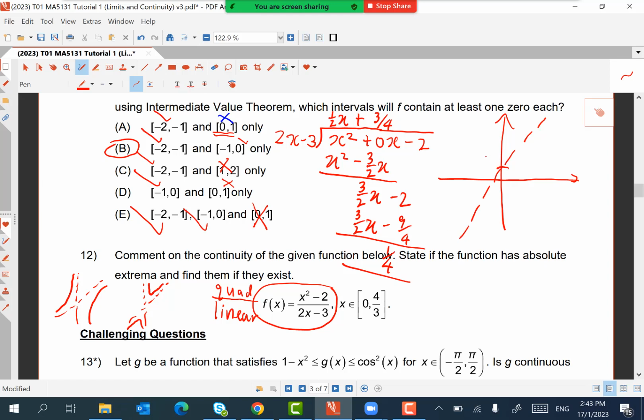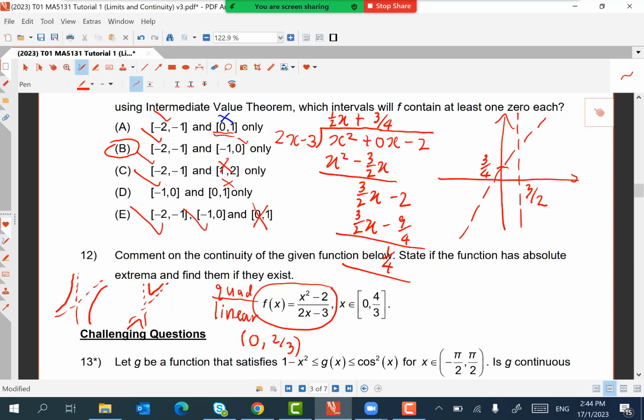This is 3/4. It also has an asymptote at 3 over 2. Now, if you put x at 0 to find the y-intercept, you get 2/3. That tells you that the curve will cut somewhere here.